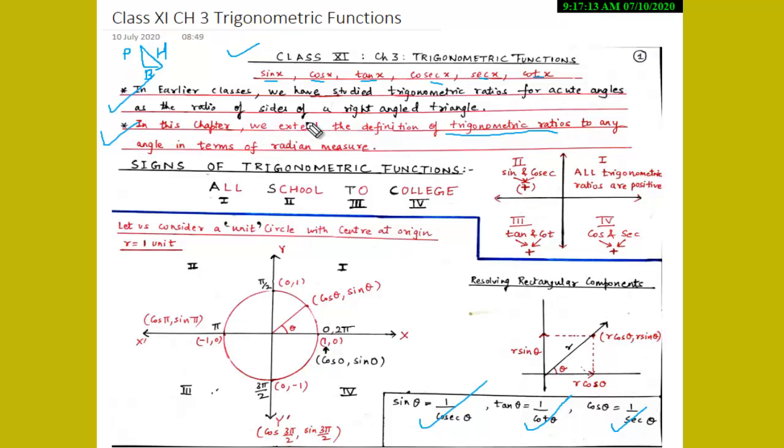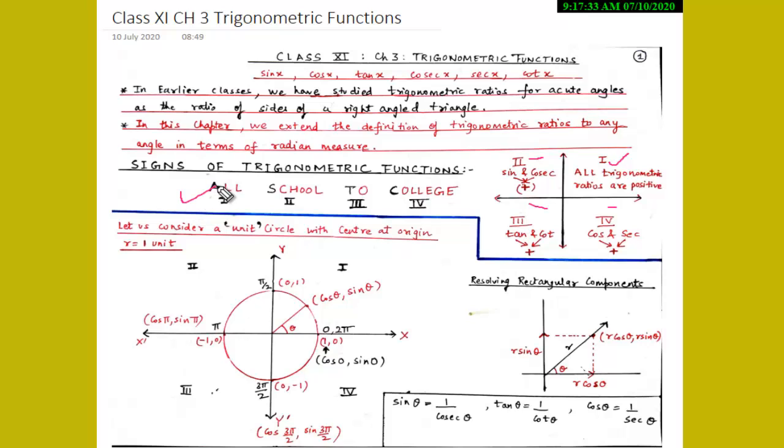Here, our first topic for today is the sign of trigonometric functions. Since we know that there are 4 quadrants, that is first, second, third, and fourth, the shortcut to remember the sign of trigonometric functions is, as you can see, I have written "All Students Tan Cot College".